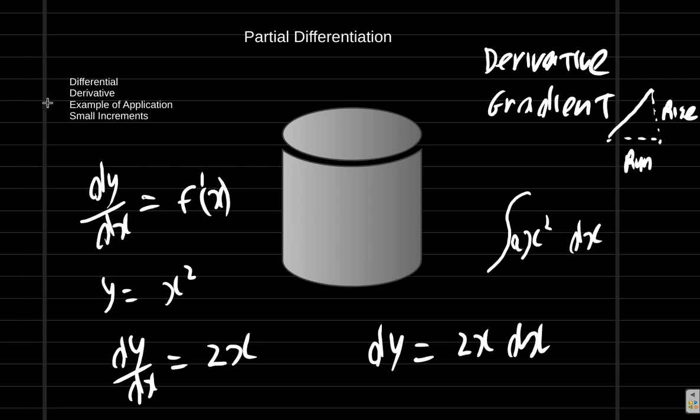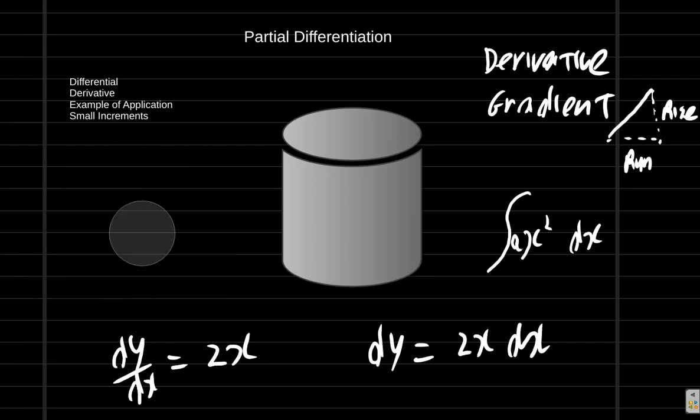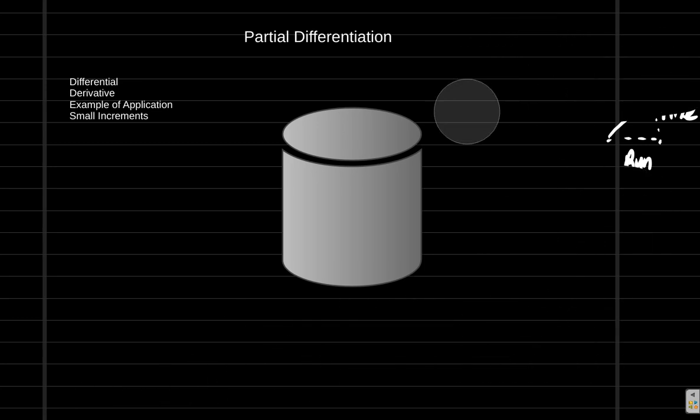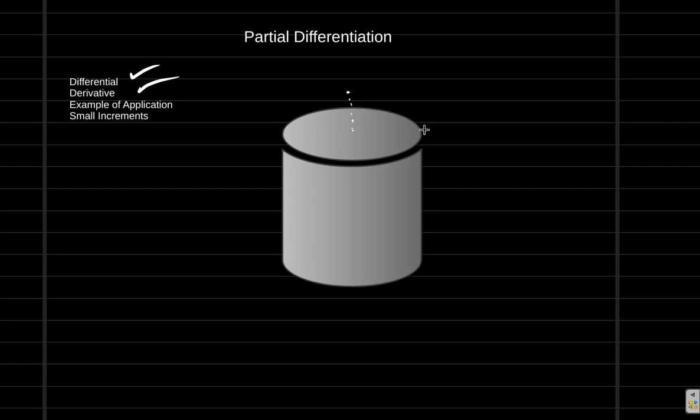Alright, now suppose we consider this. Let me just erase these things that I have here. Alright, we looked at the differential and the derivative a while ago. Let's look at this example now. Suppose you have a cylinder here and you consider the radius r.